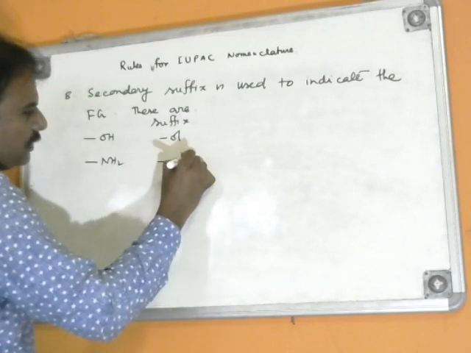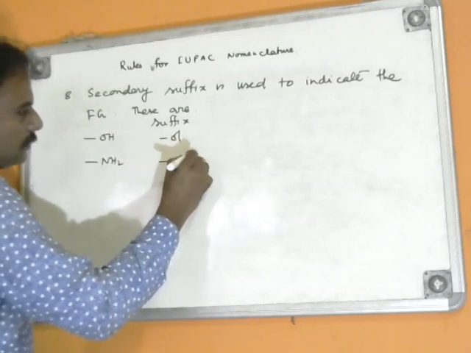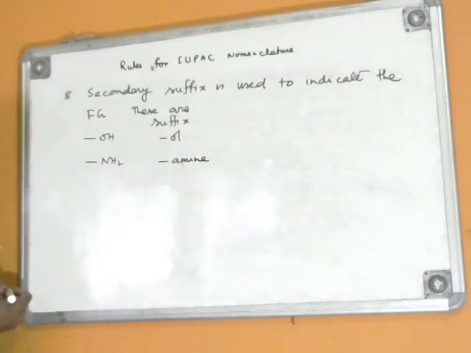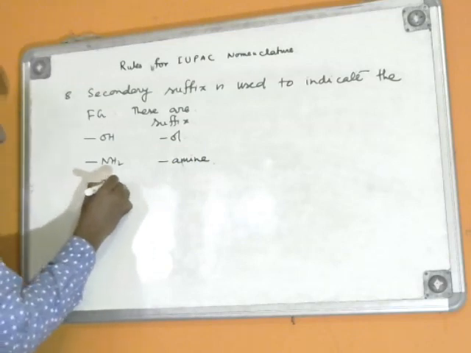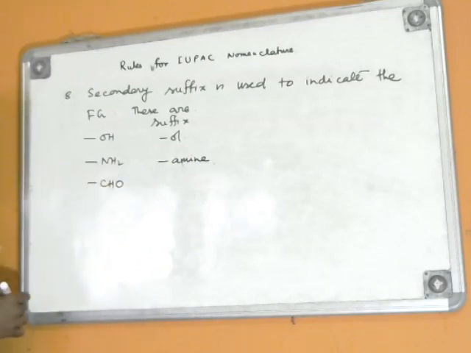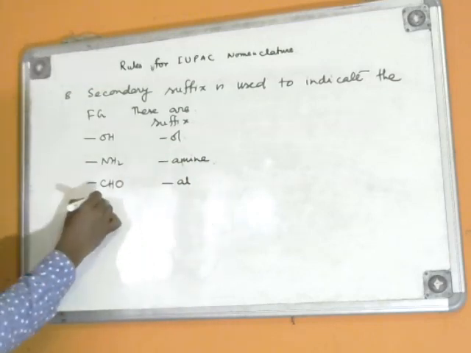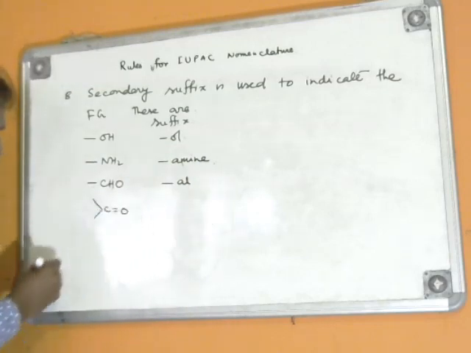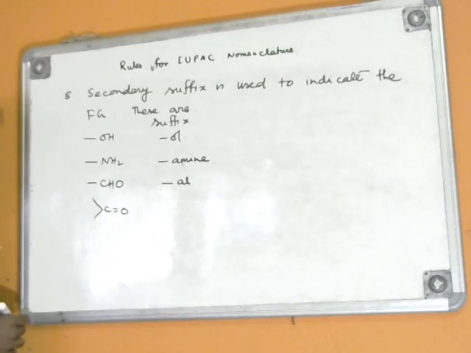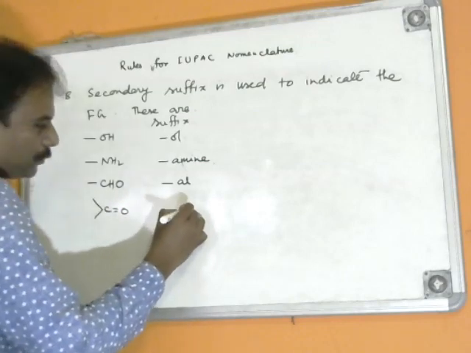It's also a suffix, amine. If the CHO group is present, that means aldehyde, the suffix will be -al.